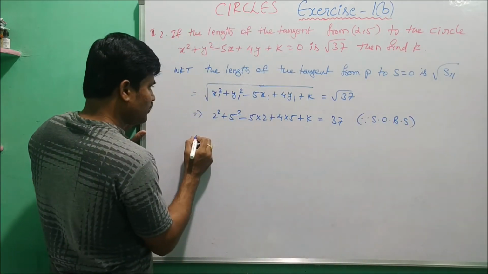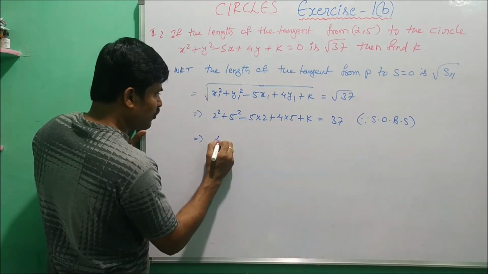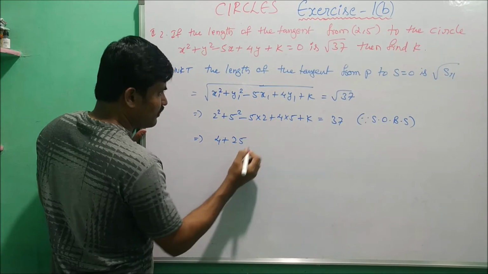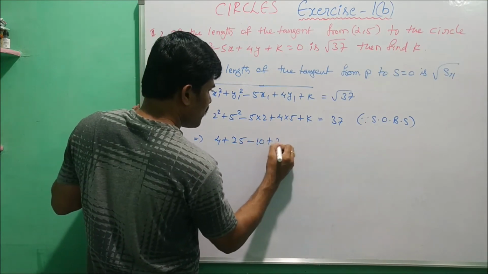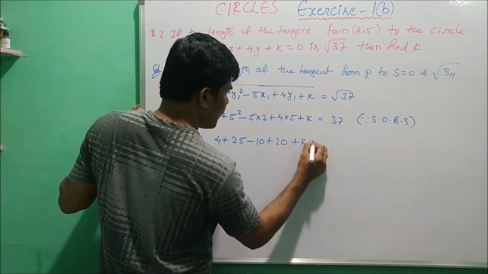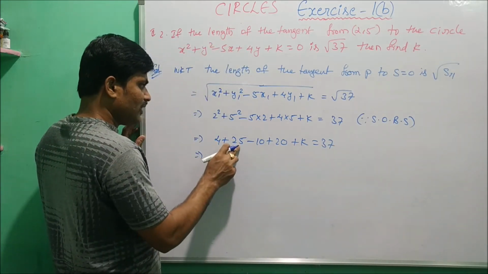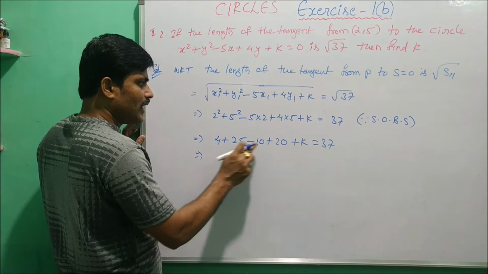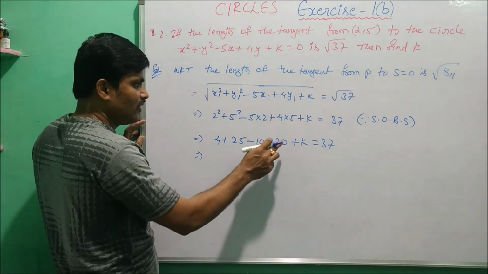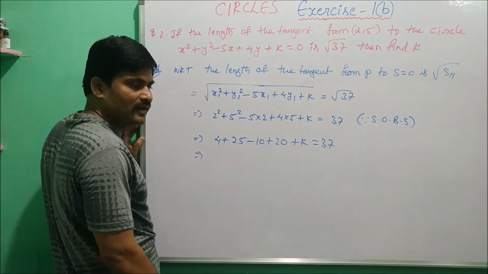That is 4 plus 25 minus 10 plus 20 plus k equals 37. 25 plus 4 is 29, 29 plus 20 is 49, 49 minus 10 is 39.